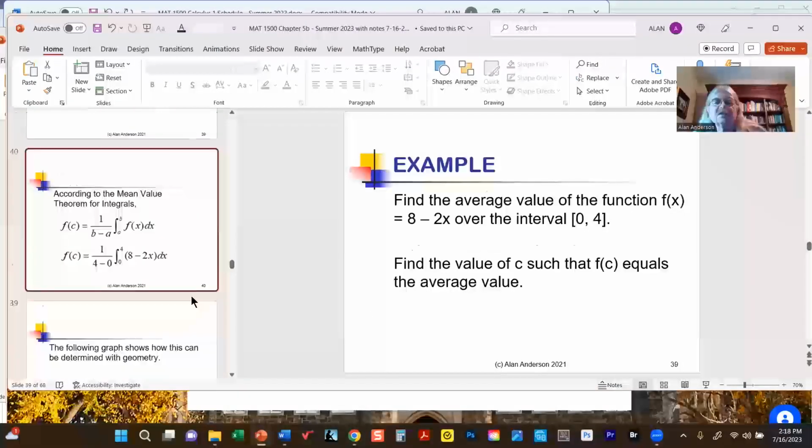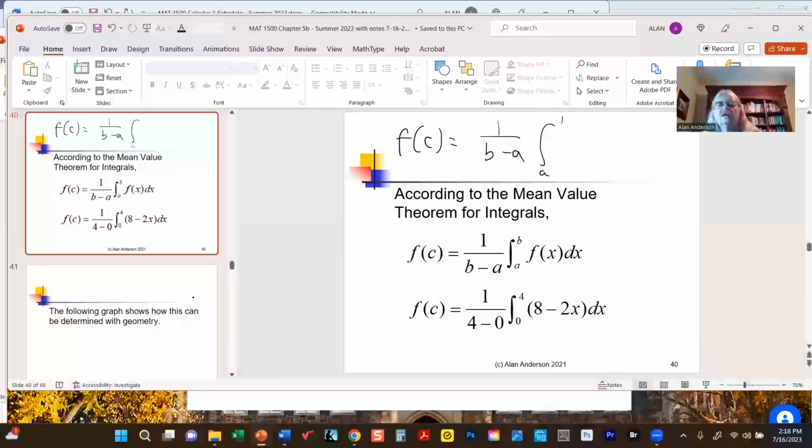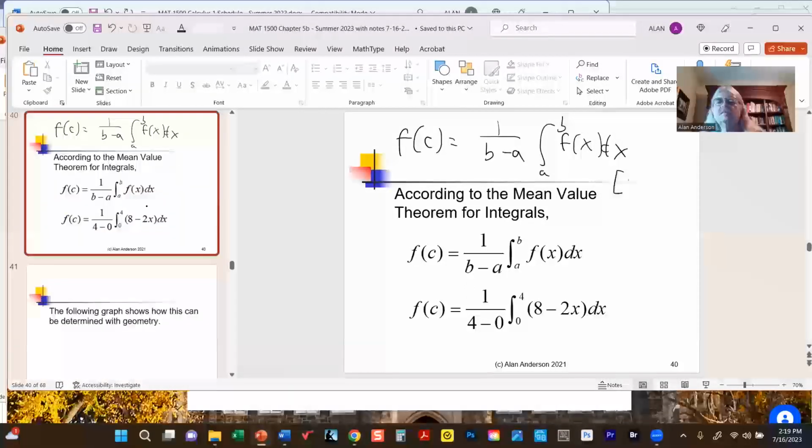All right, well, first things first, as we saw earlier, f of C, whatever that C is, we don't know what it is yet. Now, we've already been told that the interval is 0 to 4. So, of course, that means that A is 0 and B is 4.